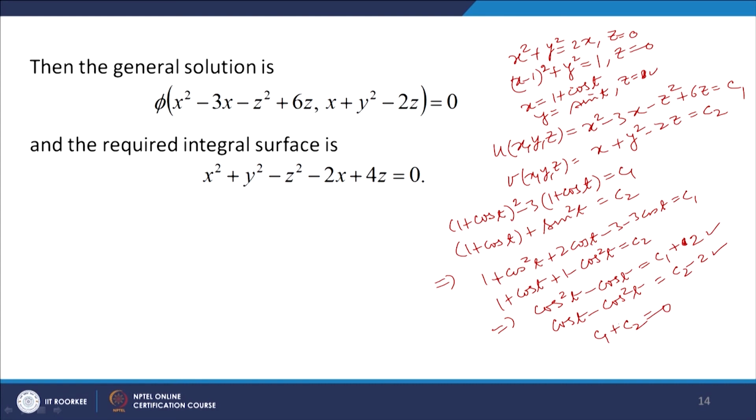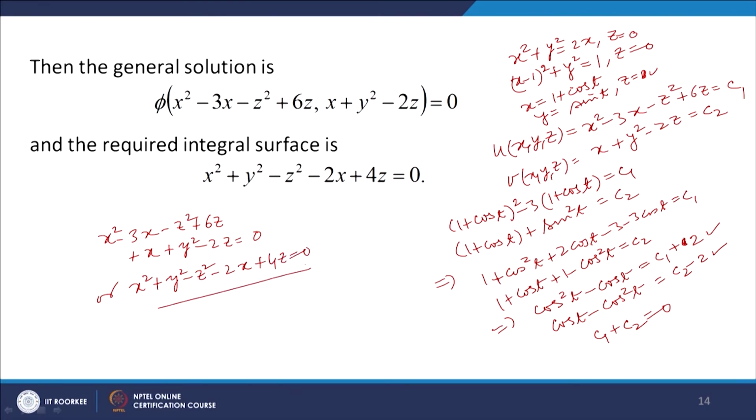Eliminating C1 and C2, with C1 being x square minus 3x minus z square plus 6z, and C2 being x plus y square minus 2z, we get C1 plus C2 equal to 0. So, this can be written as x square plus y square minus z square minus 2x plus 4z equal to 0. So, this is the required integral surface.